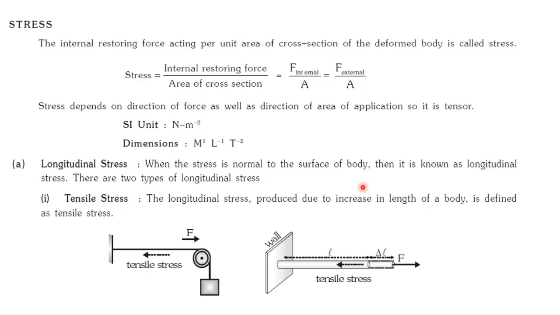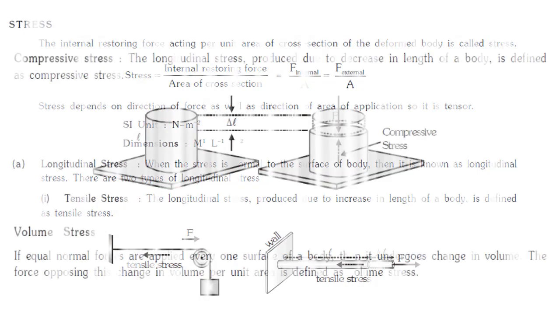Longitudinal stress is further classified into tensile stress and compressive stress. Tensile stress means that when the force is applied normal to the surface of the body, the length increases. That body changes its length, the length increases, and we say that force per unit area is called the tensile stress.